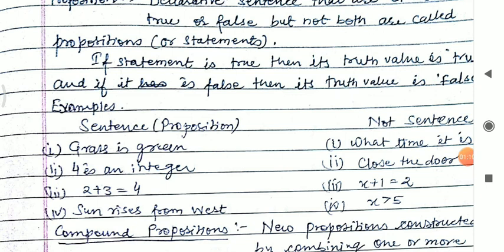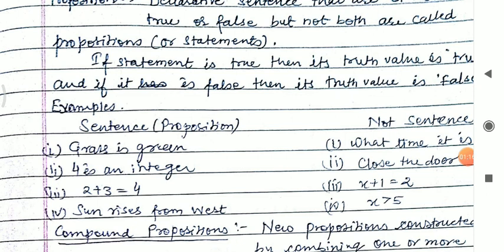These are examples of propositions, and these are examples of not propositions. What time it is? It is a question. It is not true or false. Close the door. It is a command. X plus 1 is 2.